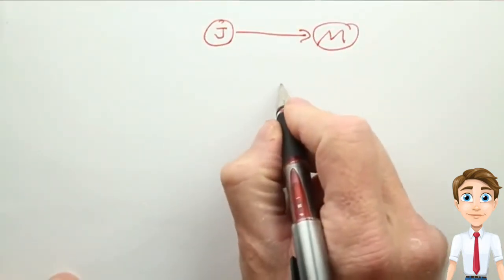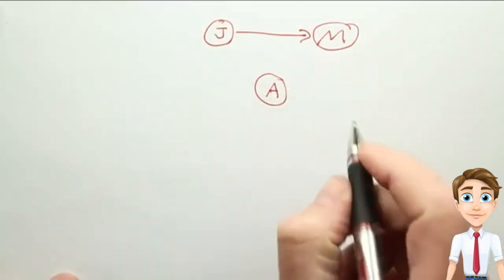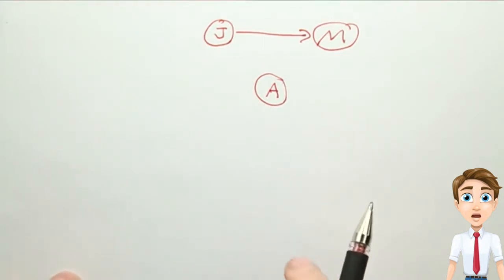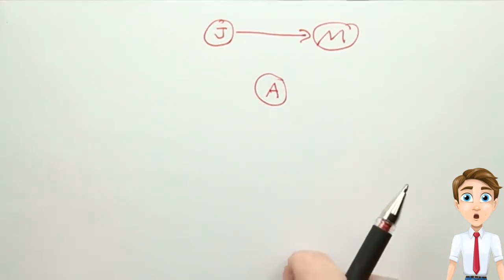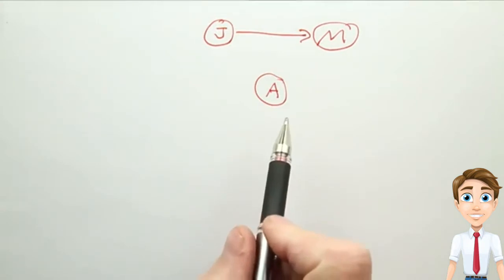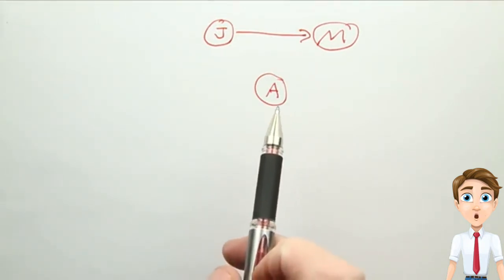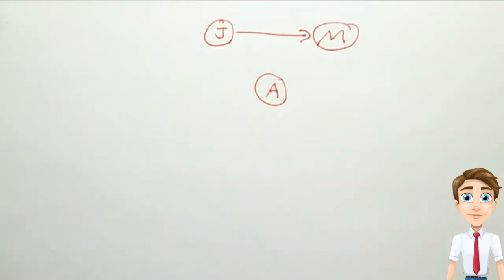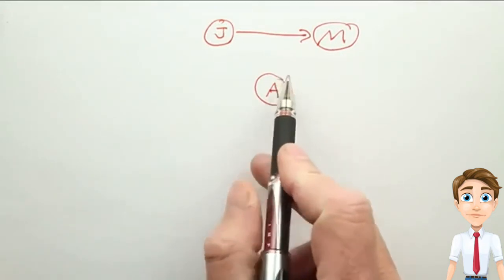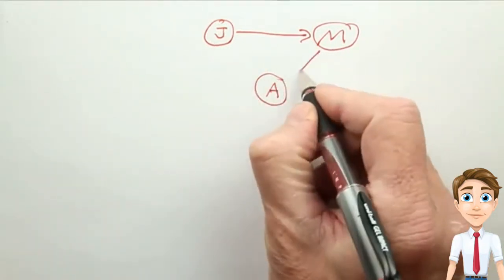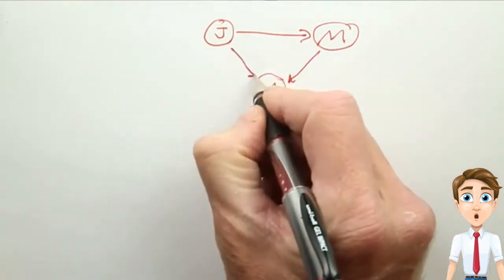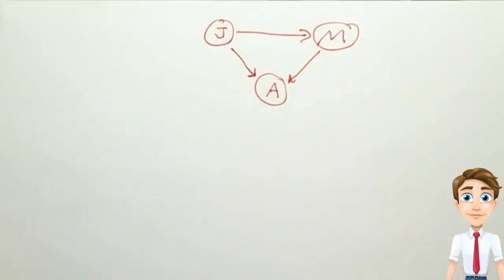Now we'll continue, and we'll add the node A for alarms in the network. What I want you to do is click on all the other variables that A is dependent on in this network. The answer is that alarm is dependent on both John and Mary, and so we can draw both arrows in.